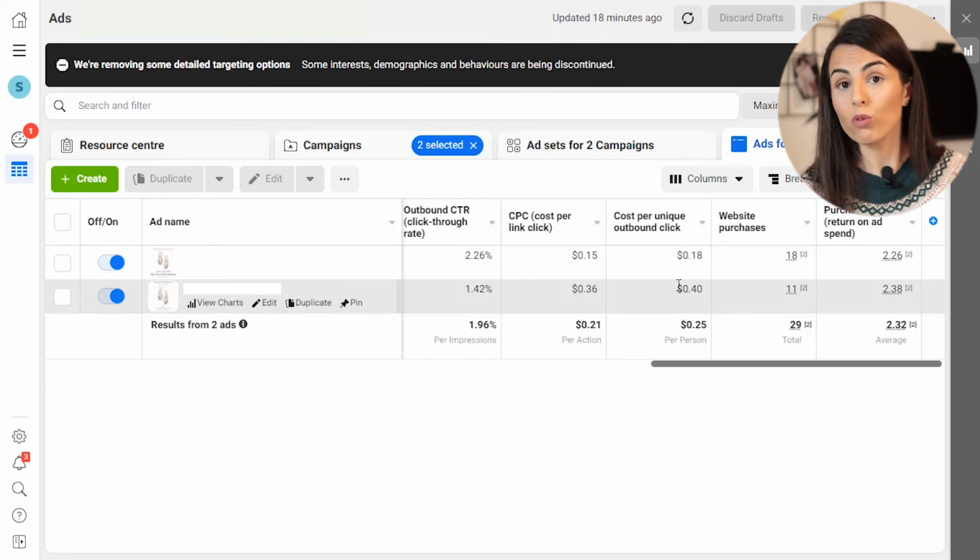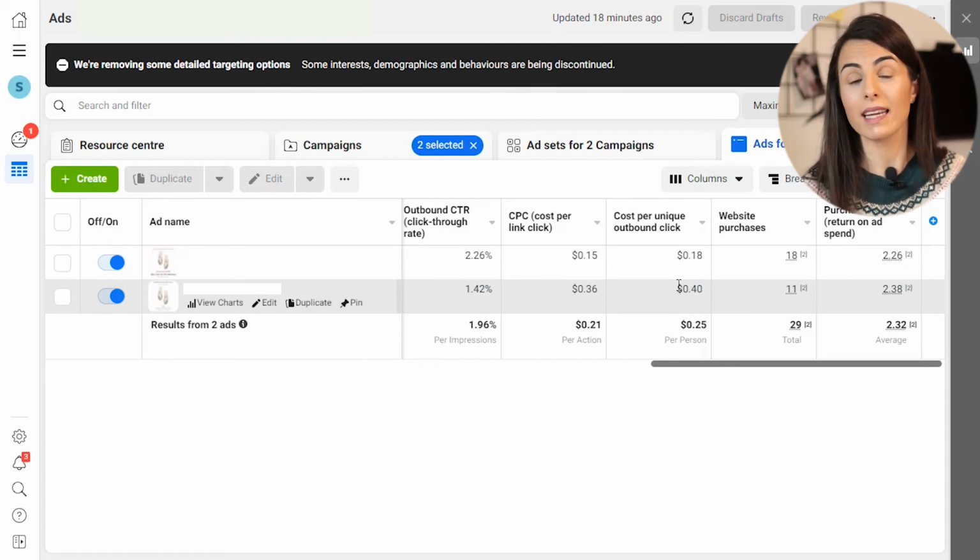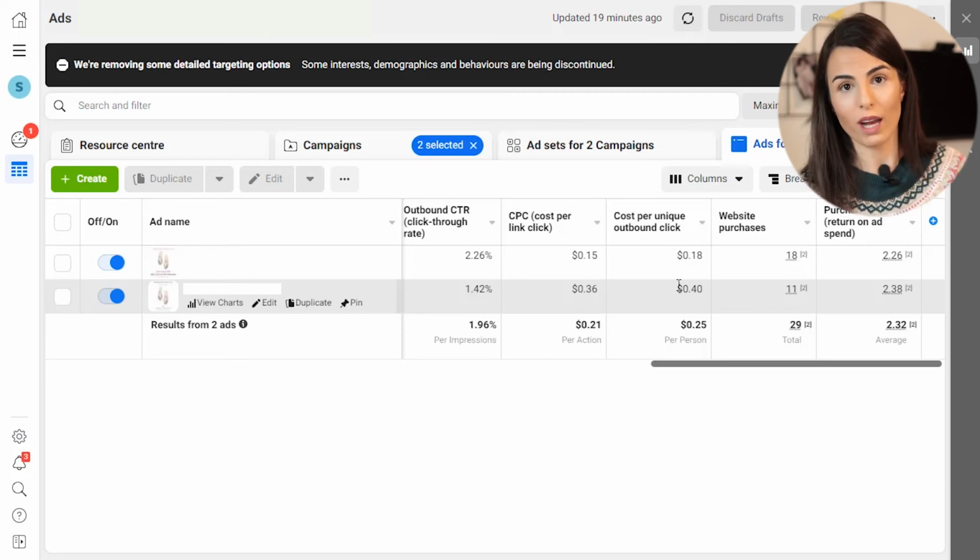If you are paying too much for the click, this means that either your ad is not attractive enough, or your ad hook or your ad call to action is not clear enough, or you are targeting an audience that is not interested in your ads. And in this case, you need to fix these. You need to try to start new campaigns where you are targeting a better audience, or maybe you need to improve your ad copy, your ad hook, your ad call to action.